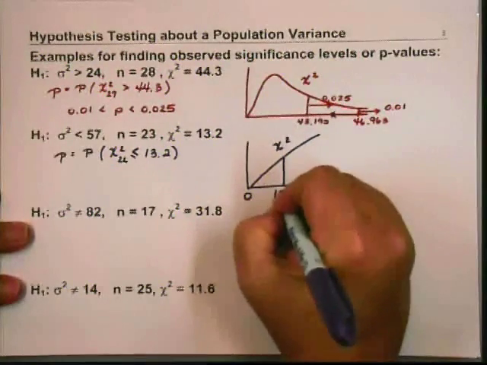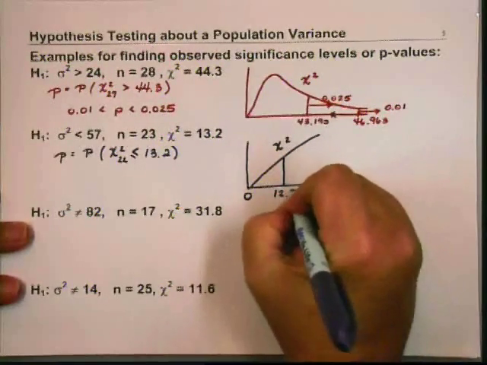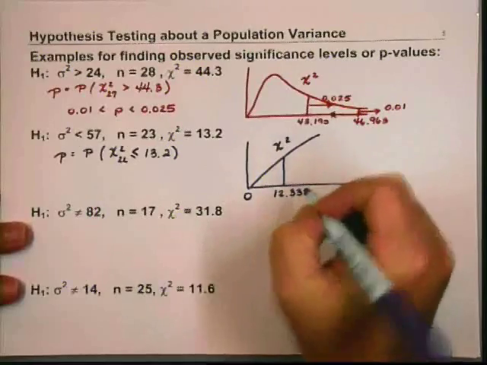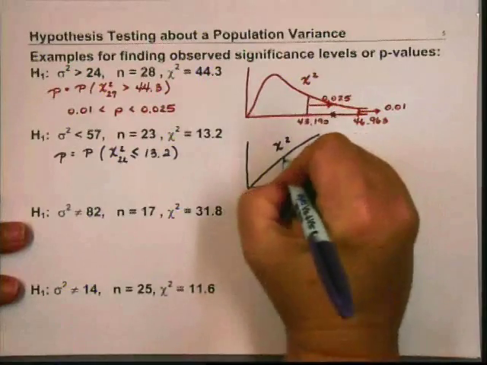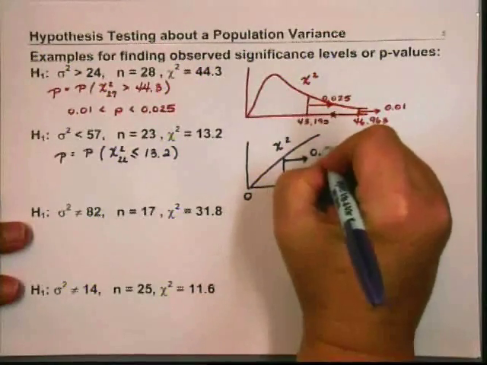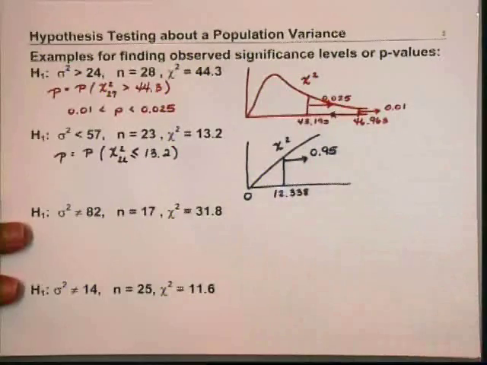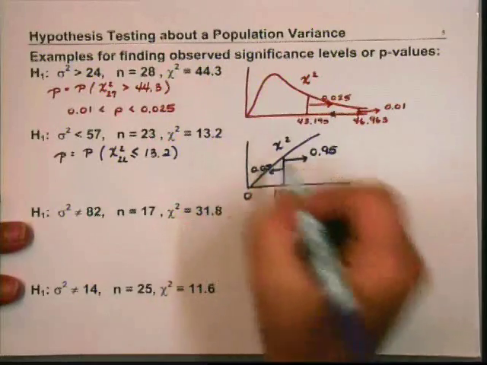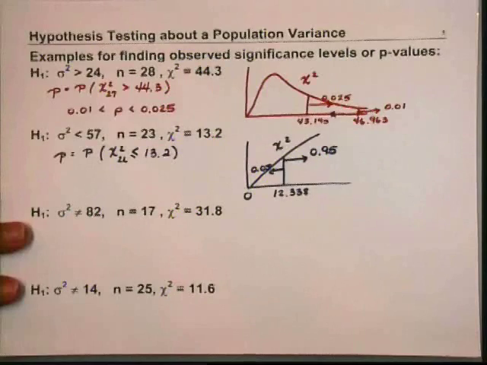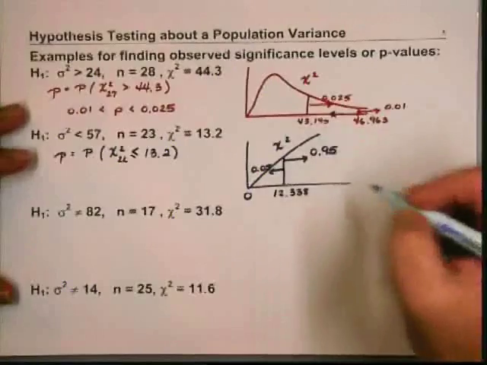I have 12.338. The column header for 12.338 is 0.95. So that means it has a right-hand area of 0.95, so its left-hand area is what? 0.05, right? Total area is 1. The next one is 14.04, the closest to 13.2 on the other side.